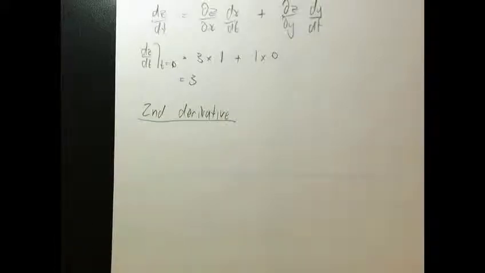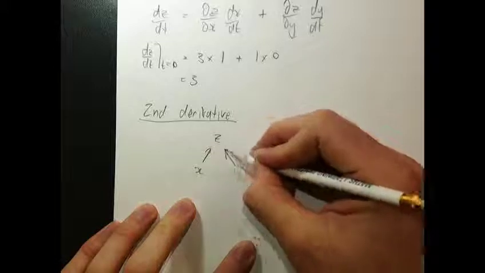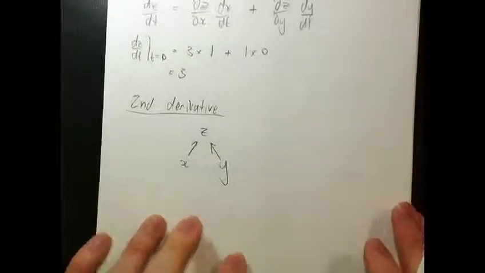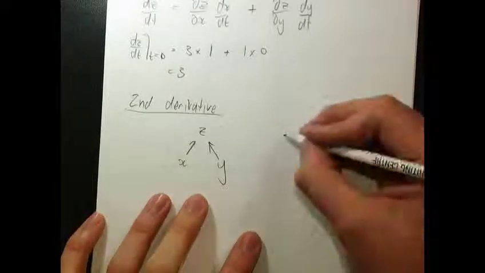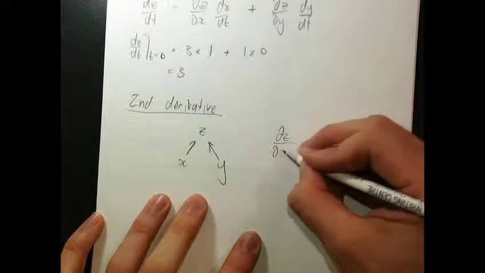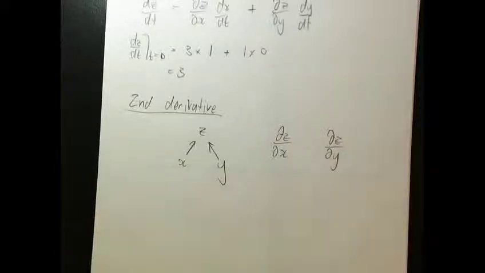So there are 4 second derivatives, okay? When you take a function of 2 variables, an x and a y, you can do the 2 original partial derivatives. But then those themselves are functions which can be differentiated again, and they're usually functions of both x and y again. So you can differentiate them both with respect to the 2 variables.